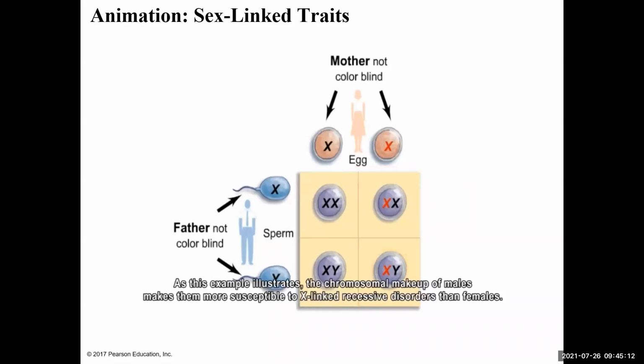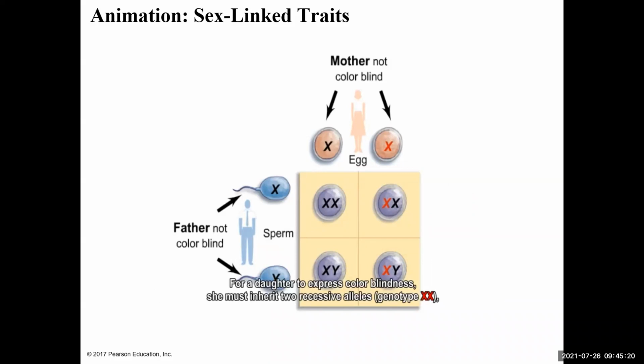As this example illustrates, the chromosomal makeup of males makes them more susceptible to X-linked recessive disorders than females. For a daughter to express colorblindness, she must inherit 2 recessive alleles, genotype red X, but a son who inherits a single recessive allele will have the colorblind genotype red XY. As a consequence, colorblindness is much more common in males than in females.